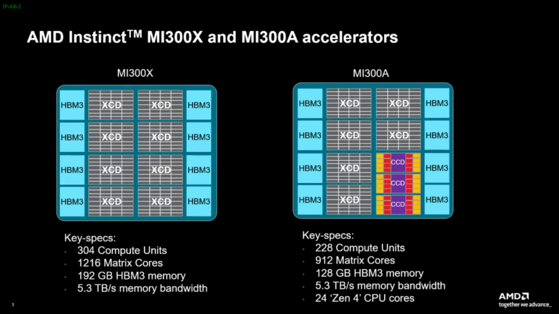For the APU version, basically what has been done was to replace 2 of the XCDs by some CPU compute dies, the CCDs, right? So basically the MI300A, because of that, has 6 of the GPU chiplets and 3 of the CPU chiplets, again, surrounded by the same HBM3 memory, right?